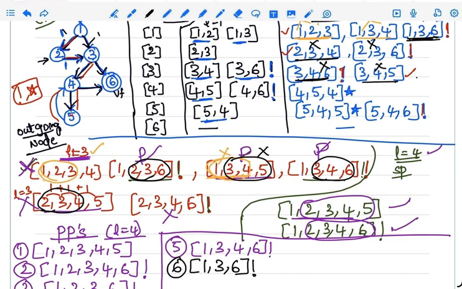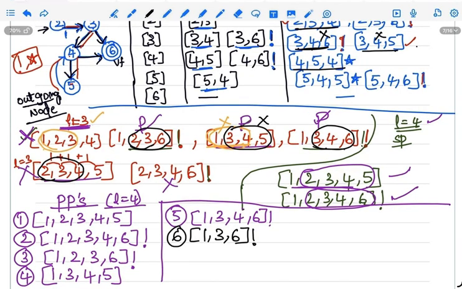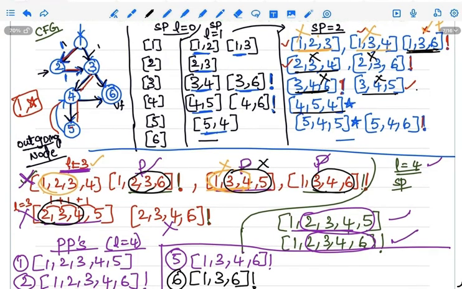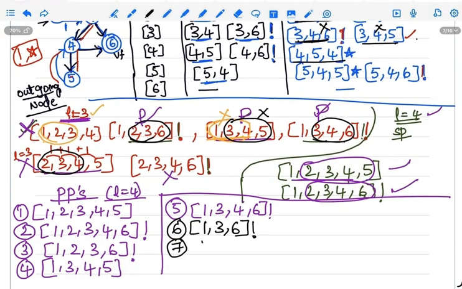So next 4, 5, 4 is not covered by any simple path of length 2. 4, 5, 4 is a loop. It is a prime path because it is not covered anywhere.